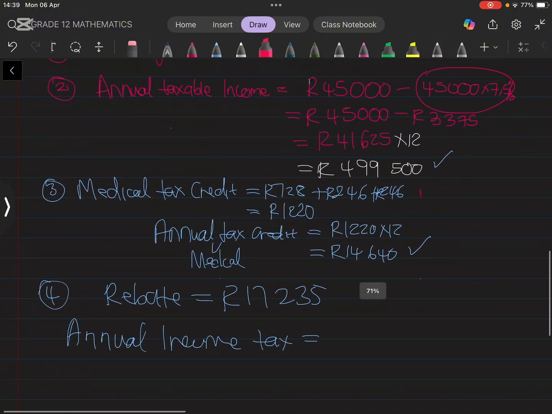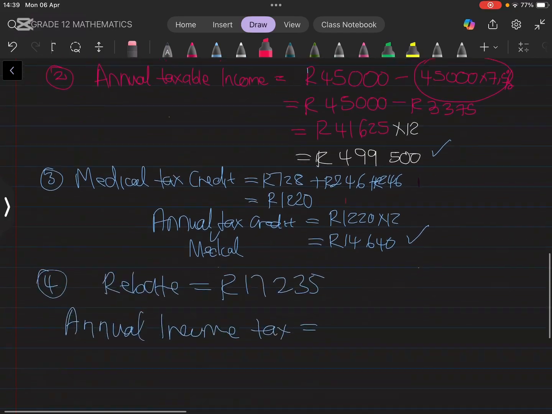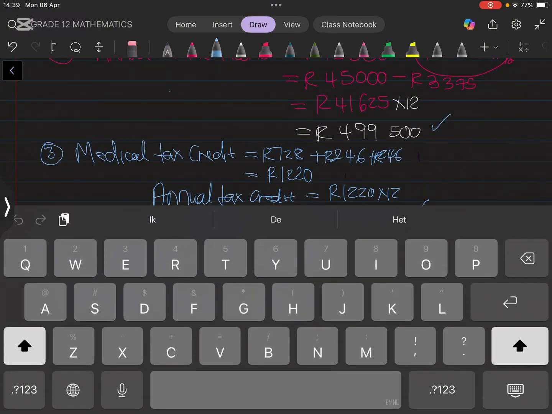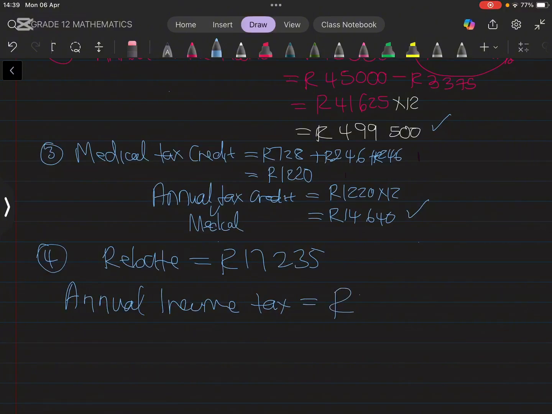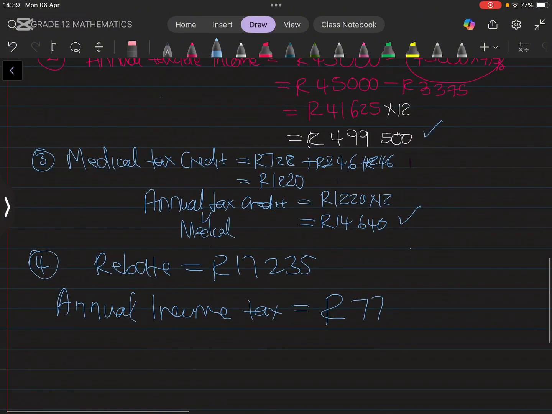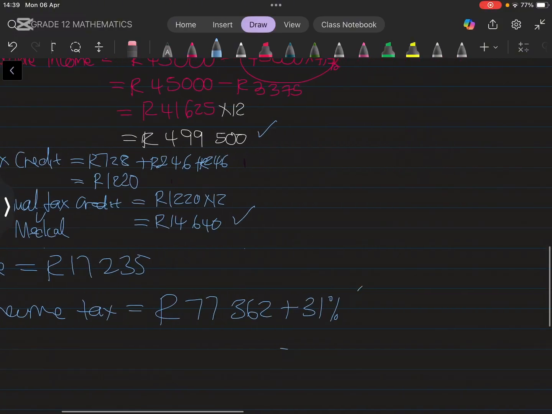So now after getting the bracket, we're going to have 77,362 plus 31% of his taxable income above 370,500.